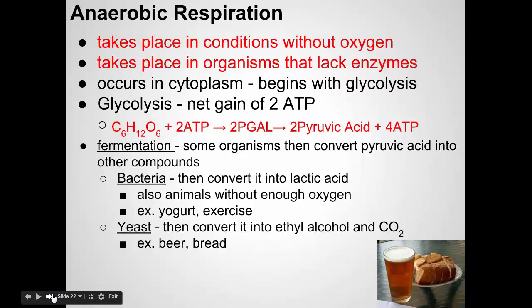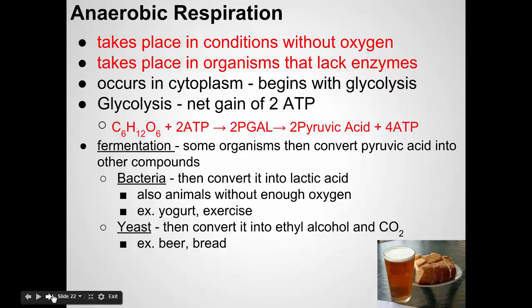So it has several bacteria. That's what yogurt is, a fermented food product, like many cheeses. If you've ever had sauerkraut, kimchi, these are all foods that are produced through the use of fermentation. And what happens is the bacteria consume this pyruvic acid, and they get some of the energy out. Okay, and it forms lactic acid.